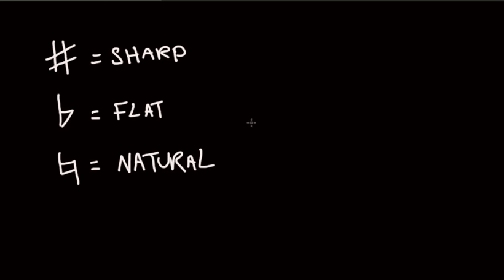Now if I want to raise a note up by a whole step, I could use a double sharp accidental sign, which is an X. If I want to lower a note by a whole step, I could use the double flat.